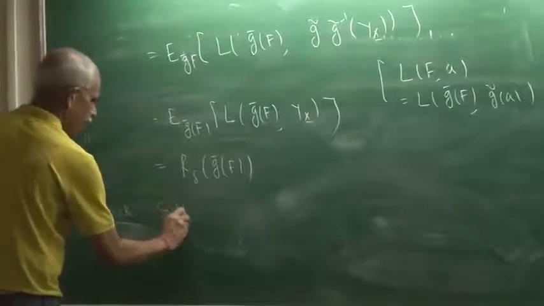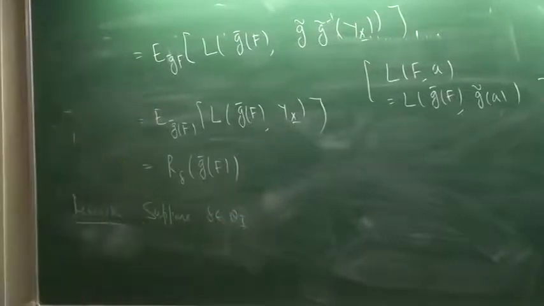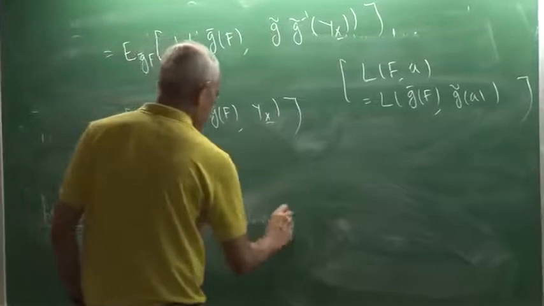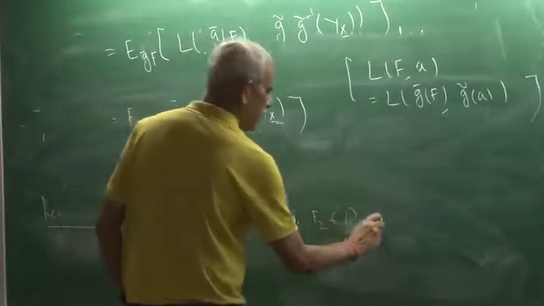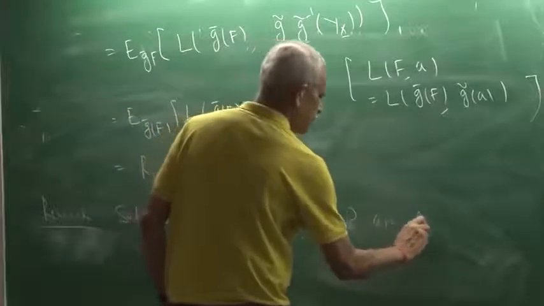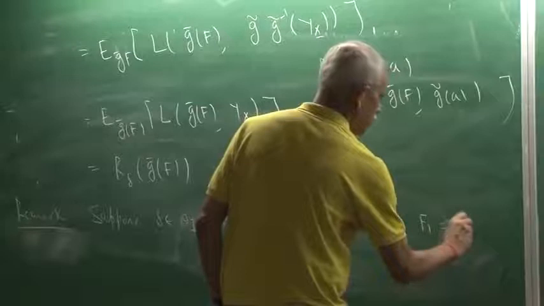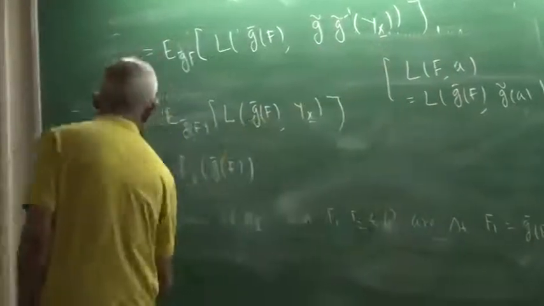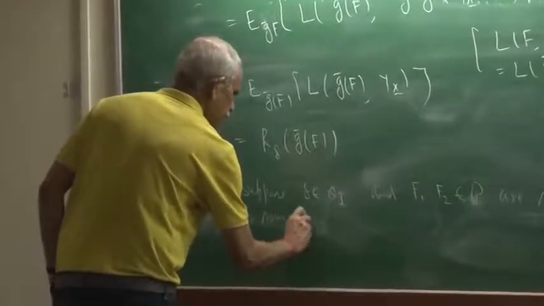Suppose delta belongs to D_I and f1 and f2 belong to P are such that f1 is same as g bar of f2 for some g bar.